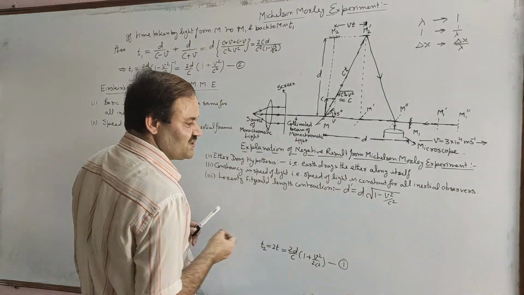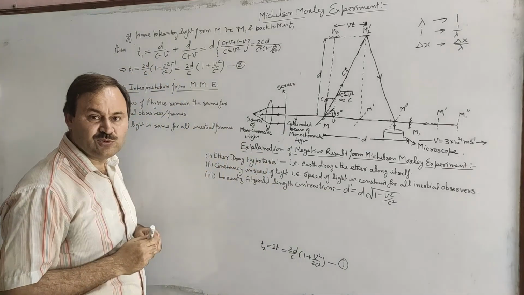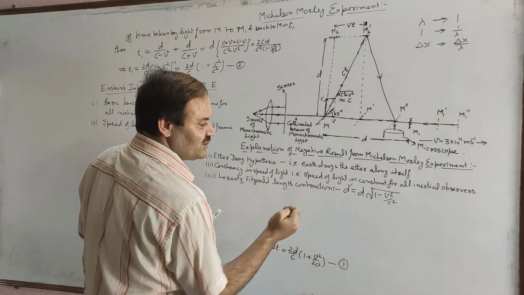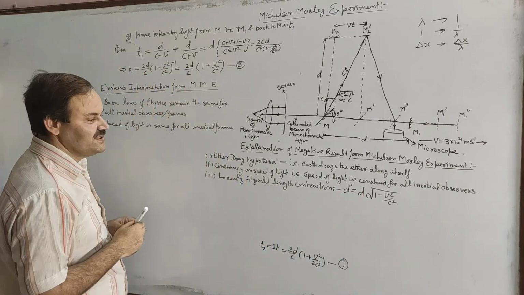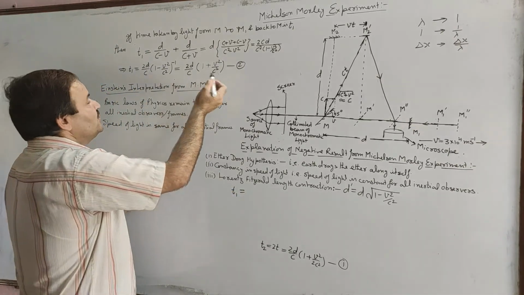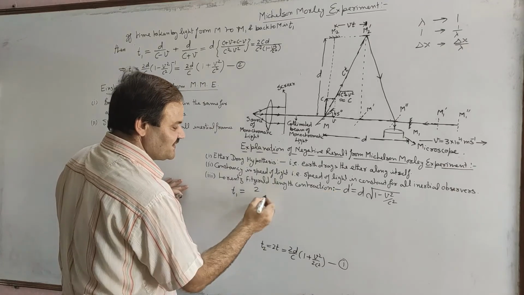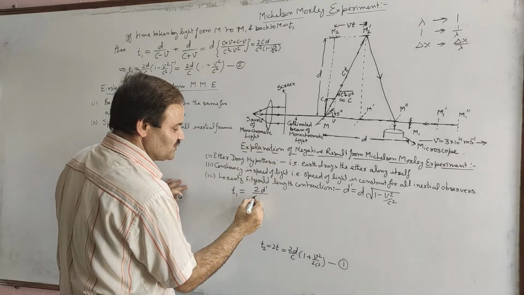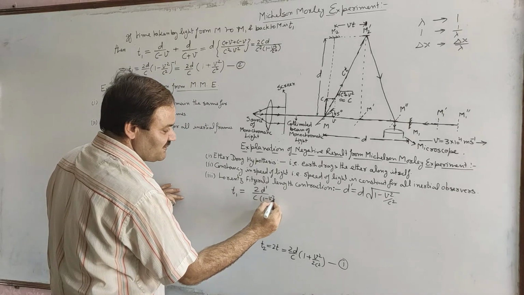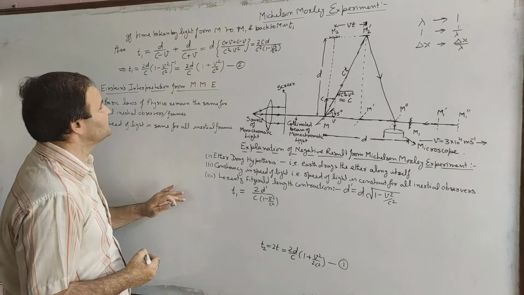Using this expression, we can show that time t1 will be equal to t2. If we put d dash instead of d in t1, we will get t1 equal to 2d dash upon c into 1 minus v square by c square.